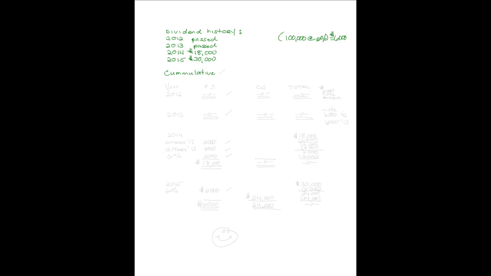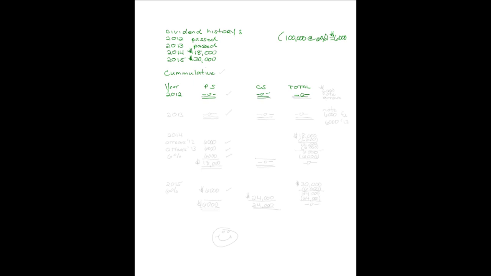And the first thing we're going to do is make a little worksheet where we're going to look at the year, we'll look at preferred stock, we'll look at common stock, and we'll keep our eye on the total. So in 2012, no dividend was declared, and no dividend was paid to preferred stock, and no dividend was paid to common stock.